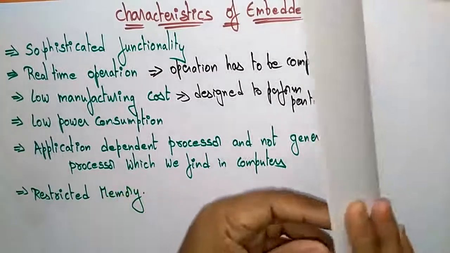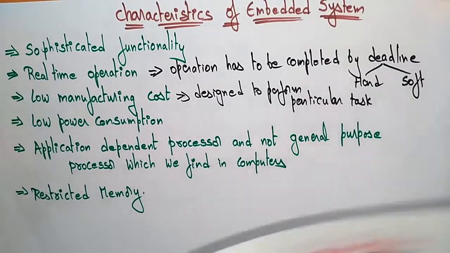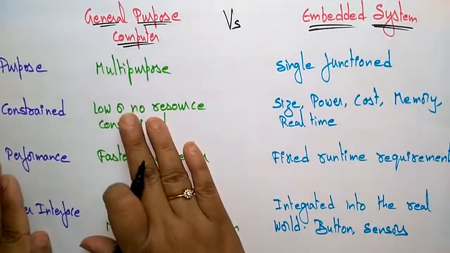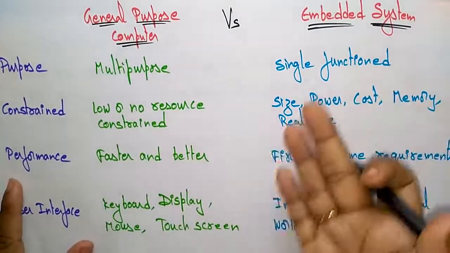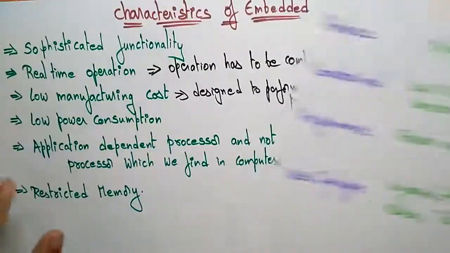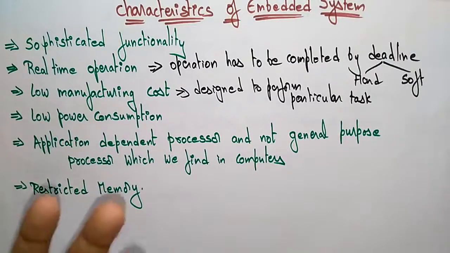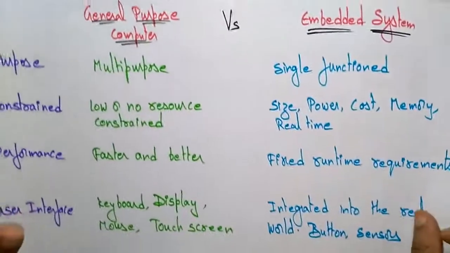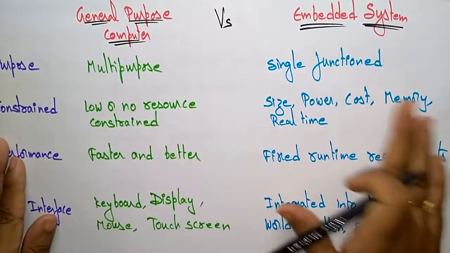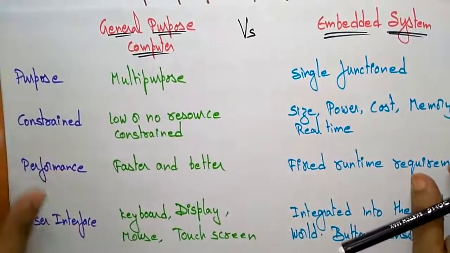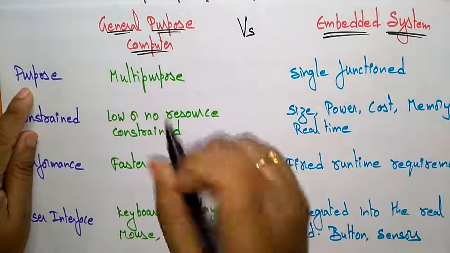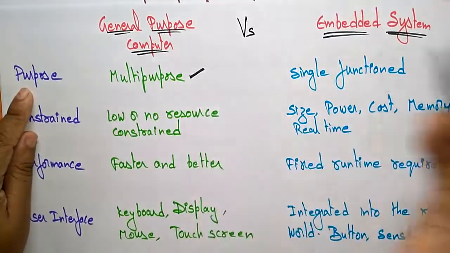Let me explain the difference between the general purpose computer and the embedded system. Just now I said that this is an application dependent processor and not a general purpose processor. So what is the difference? If you think about the purpose, a general purpose computer is multi-purpose.